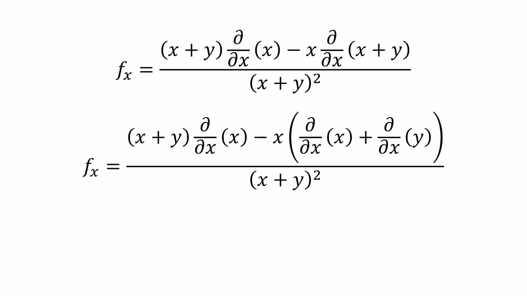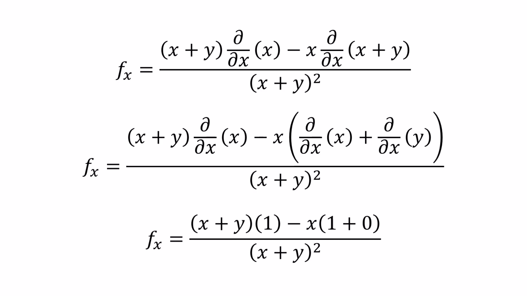Taking the derivatives, we obtain f sub x equals x plus y times 1 minus x times 1 plus 0 all over x plus y squared.